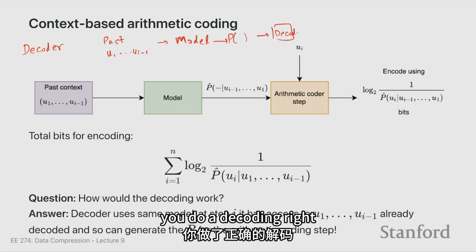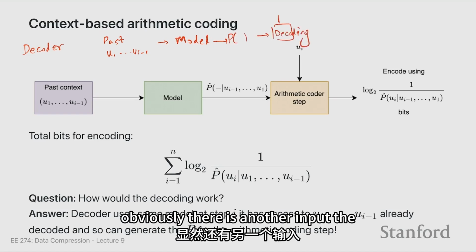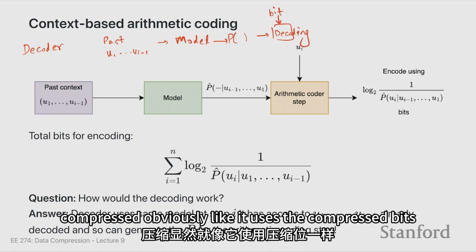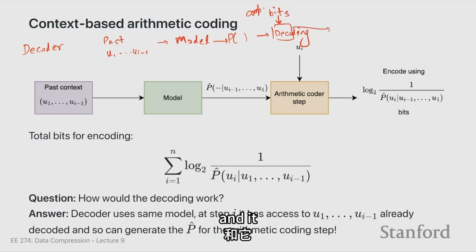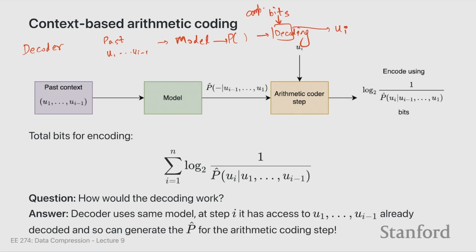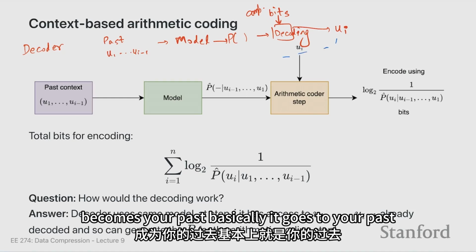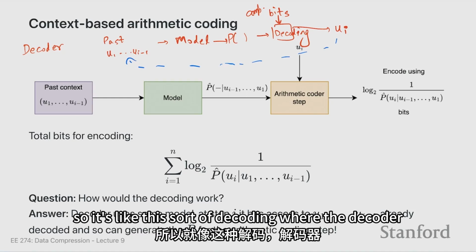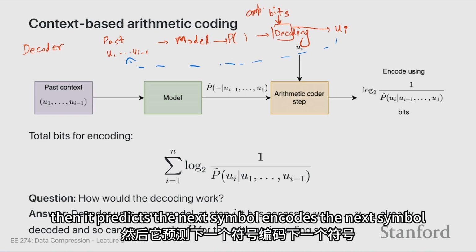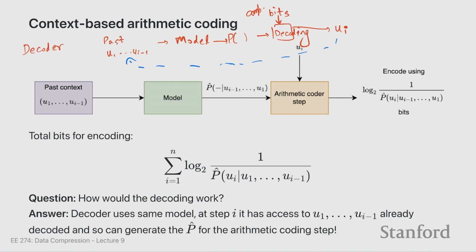You do a decoding. Obviously there is another input, the bit array, the compressed bits. It uses the compressed bits, and then it decodes Ui, and this Ui becomes your past. It goes to your past. So the decoder, at every step, decodes one symbol, that goes into the past, then it predicts the next symbol, decodes the next symbol, and so on.